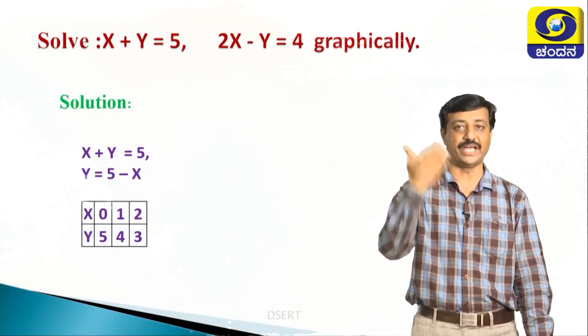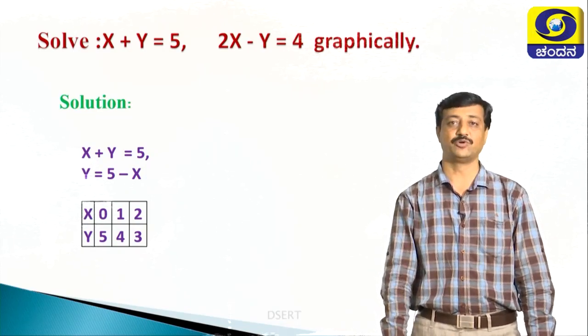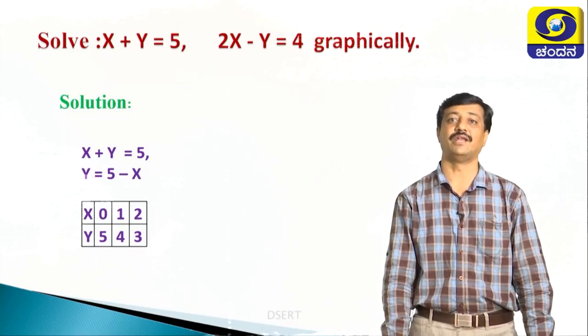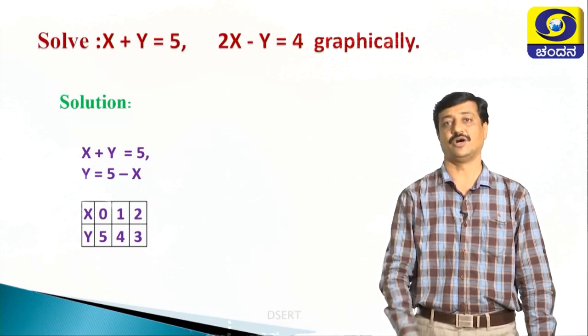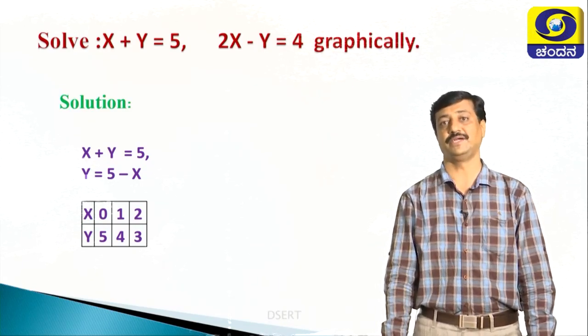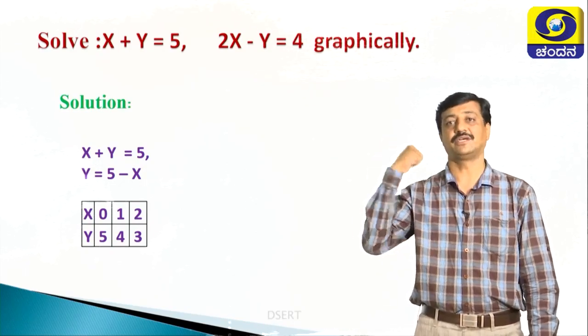If you substitute x value as 0, you will get y value as 5, and if you substitute x value 1, you can get y value as 4, and for x value 2, you will get y value 3. Now, here are the 3 points. We are going to locate these 3 points on the graph sheet.